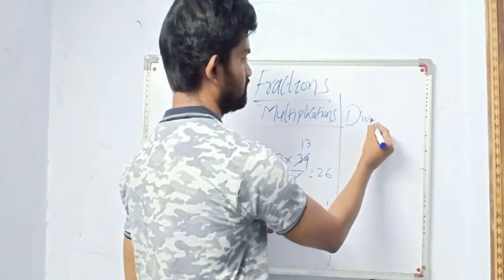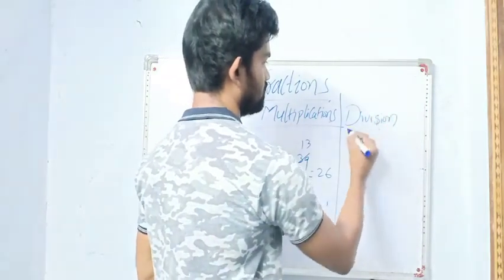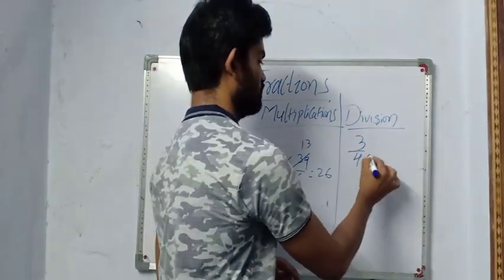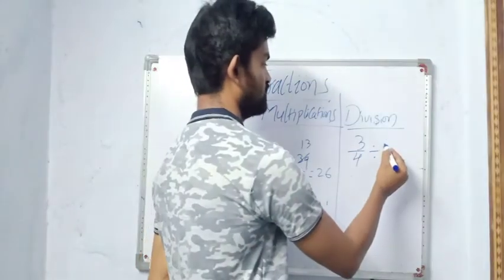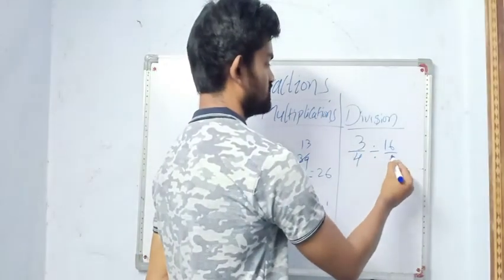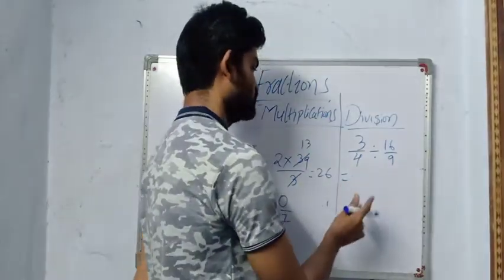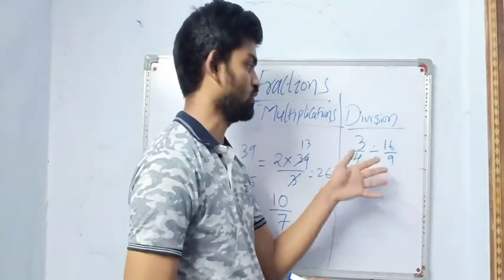How to divide. 3 by 4 is divided by 16 by 9. So when we are doing this type of thing, you will not understand by seeing the question how to solve it.